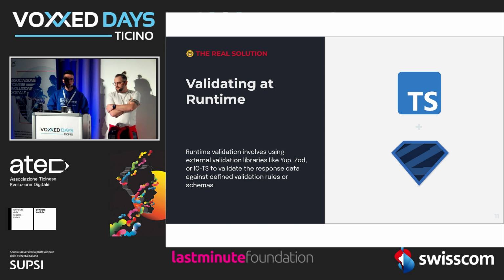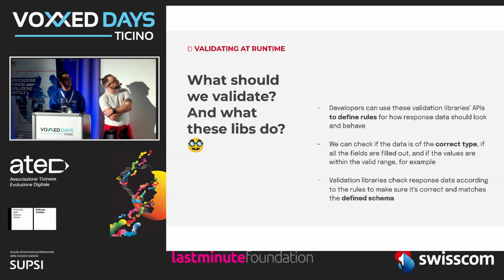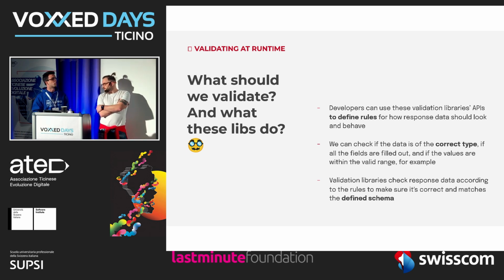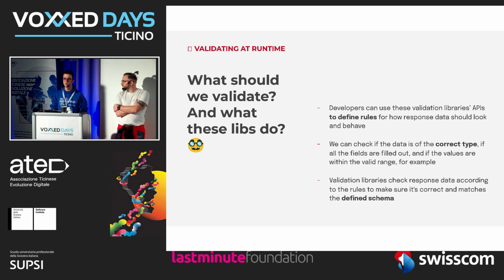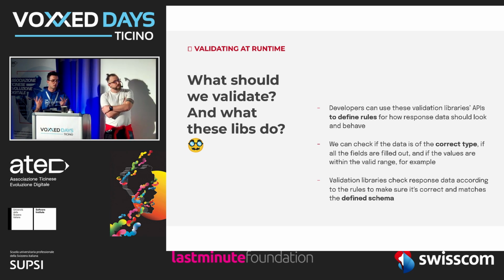What should we validate, and what do these libraries do? We define a specific set of rules for each field contained in the response. We expect each one to be of a correct type, could be string, number, boolean, whatever.